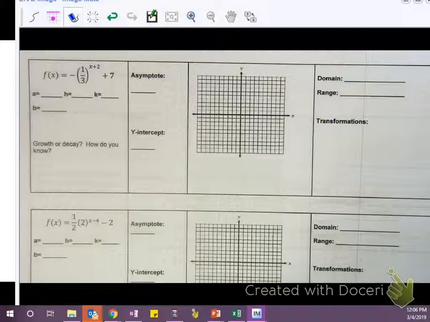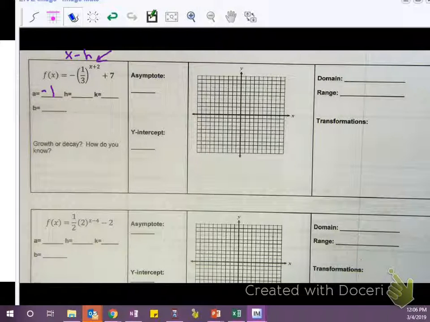So, my A value, what is this out front here? Negative 1. What is my H value? Remember that x plus 2 goes left because my formula is really x minus h.